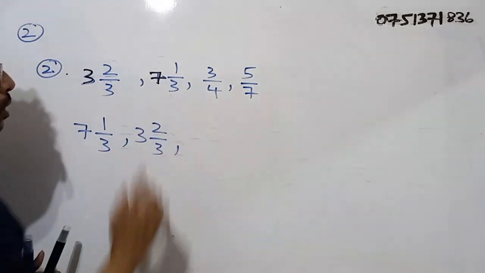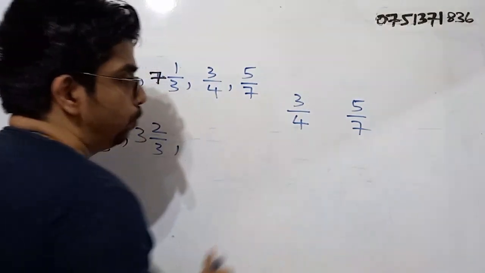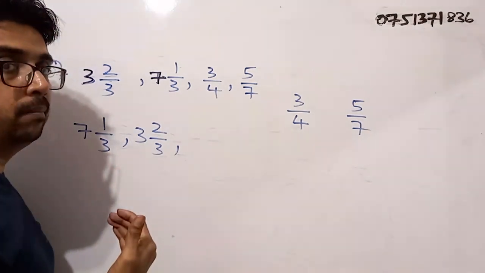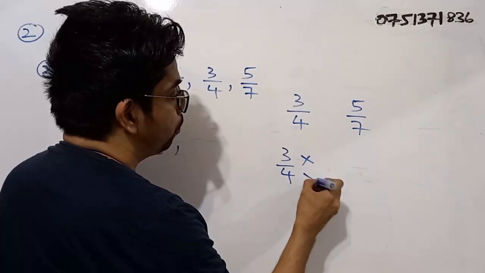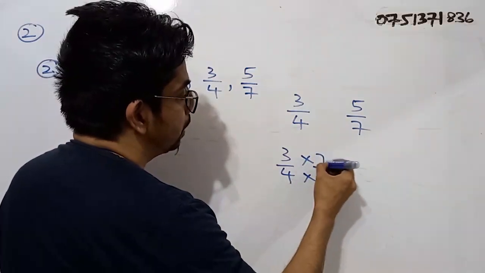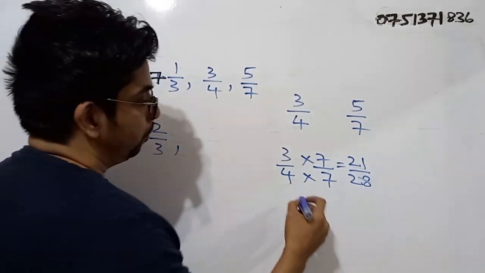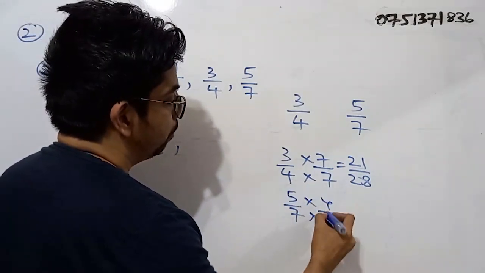Now I have to compare these two fractions. When we compare these two fractions, clearly the denominators are different. So we need to make them equal. So 3 by 4, I have to multiply that by what? 7. So 21 by 28. Then 5 by 7, I have to multiply that by 4.